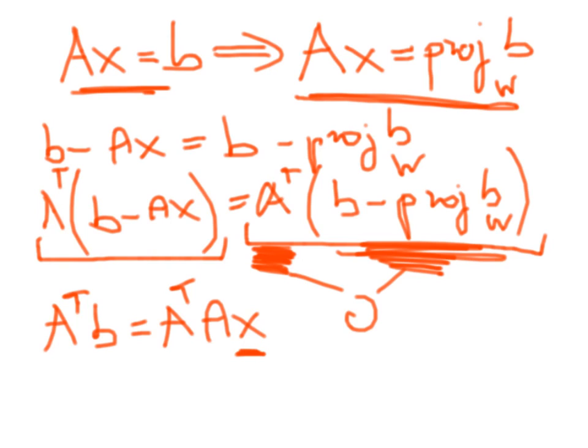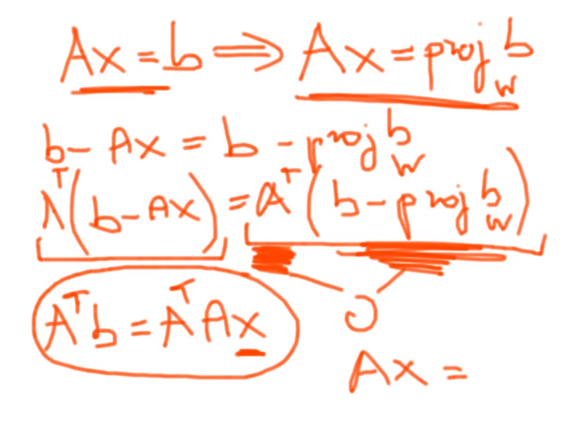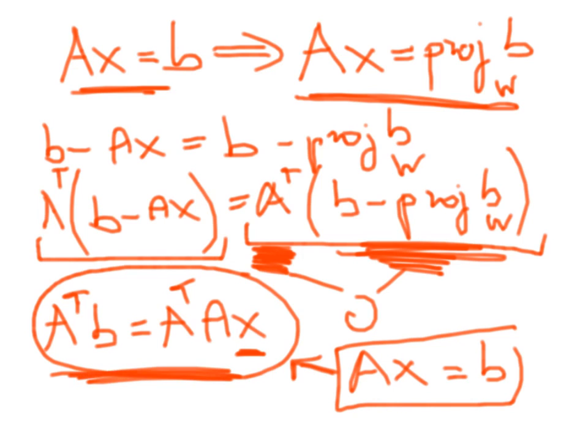But before going on, this is a very important result. This is called the normal equation or the normal system associated with AX equal to B. That was our starting point. These are the normal equations of that system. This result is incredibly important because, as you can see, this is general.